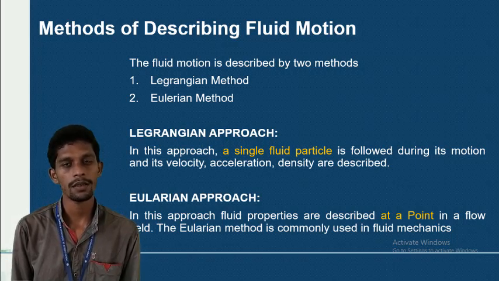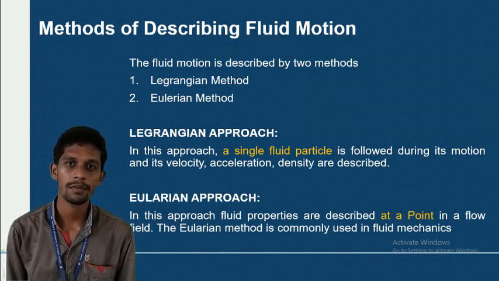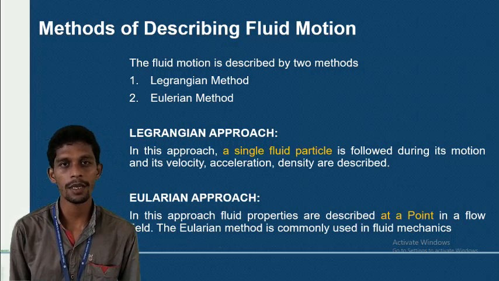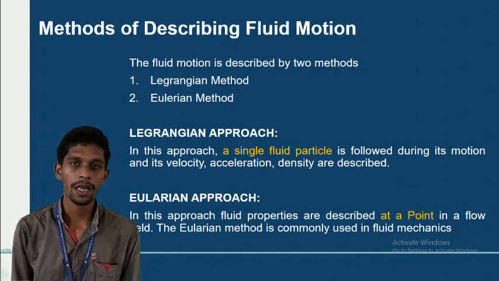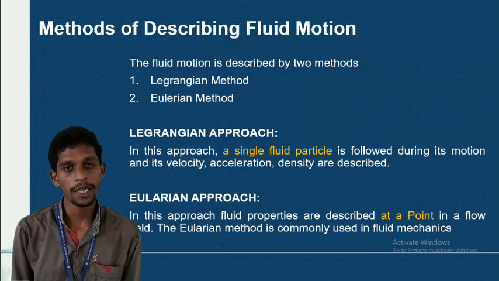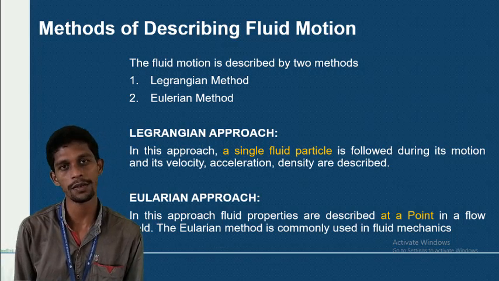Why? Because if you consider only one particle, what about the other particles? Based upon the time and the position, the properties may vary, right? So we have to consider a particular point, so you can know how many particles are moving through that position and what their properties are.